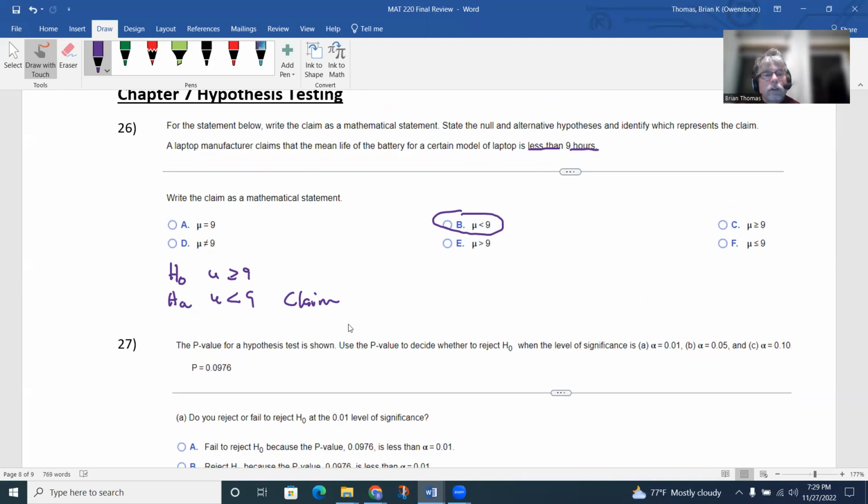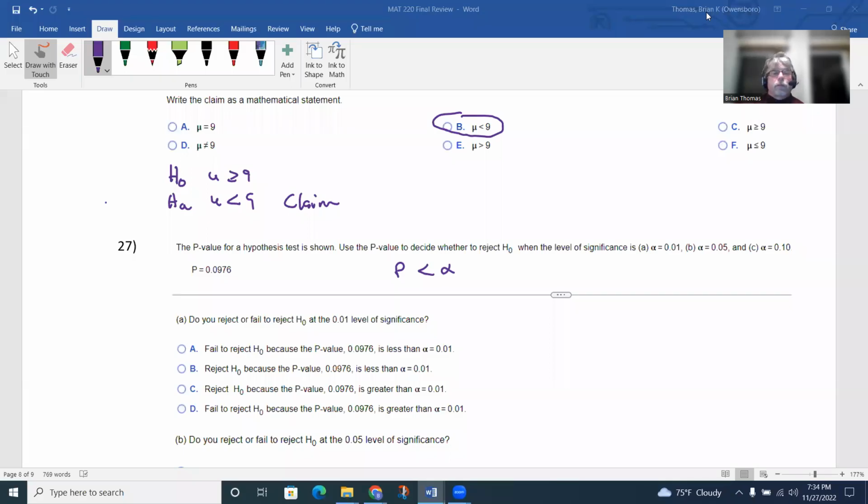So the next question, let's see what we get into here. Question 7 is talking about the p-value for the hypothesis test. The p-value is kind of a shortcut to decide whether to reject the null hypothesis or not.